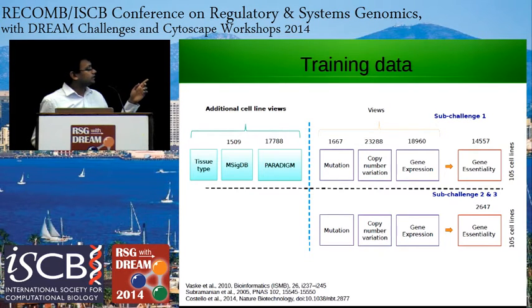For MSigDB, we have taken the gene sets from the MSigDB database associated with the GSEA, Broad Institute, and using the gene expression data, we have computed the activity scores for each of the pathways. And then PARADIGM is another algorithm which computes the pathway activity scores by representing the omics data as factor graphs.